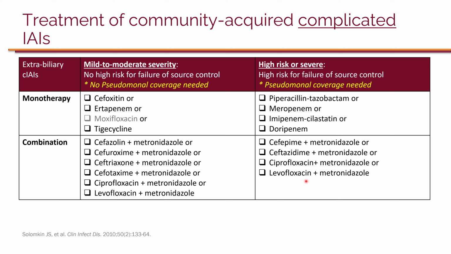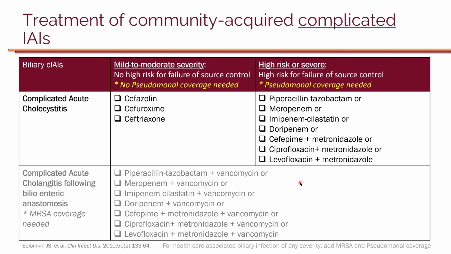Now, for community-acquired complicated intra-abdominal infections, when we look at acute cholecystitis, again, we look at those risk factors, so high risk and mild to moderate severity. So mild to moderate, again, there is no need for pseudomonal coverage. So cefazolin, cefuroxime, or ceftriaxone.